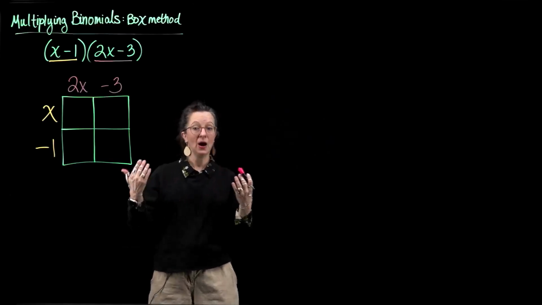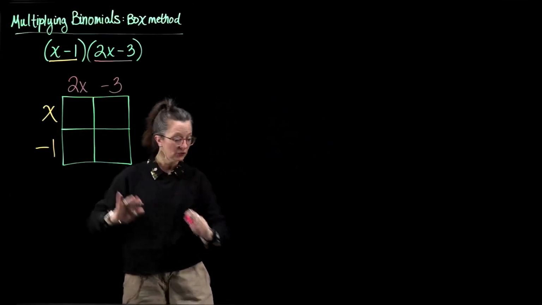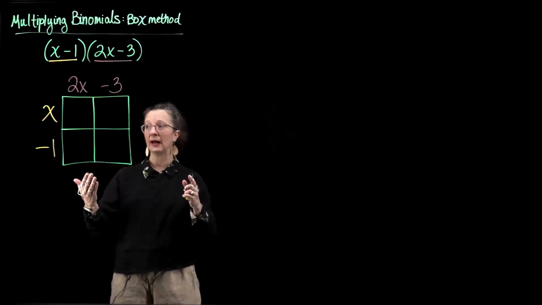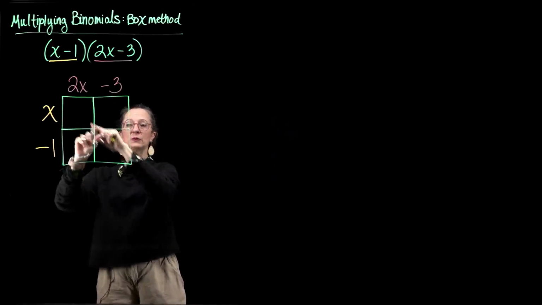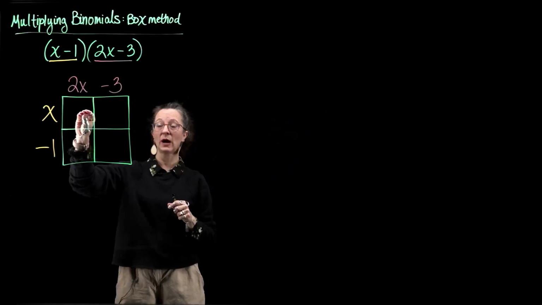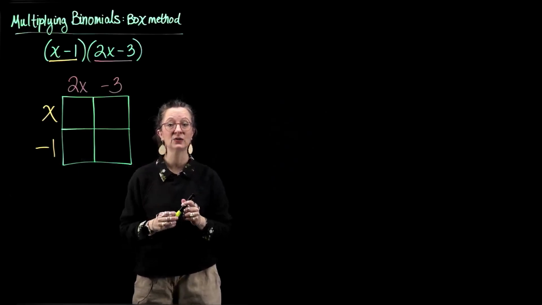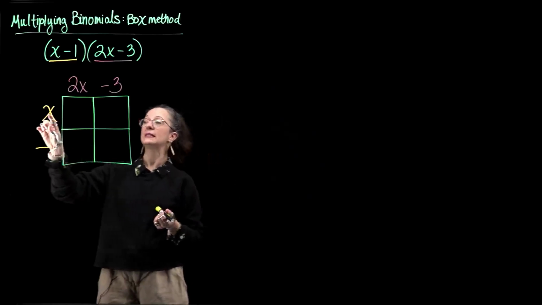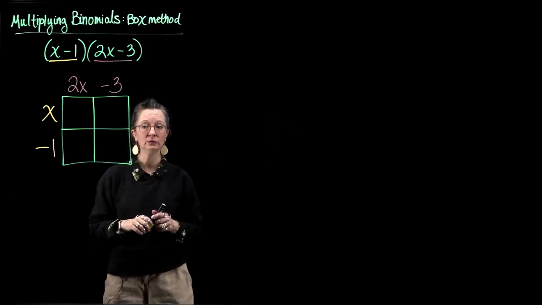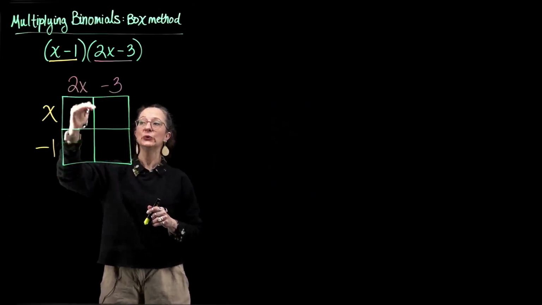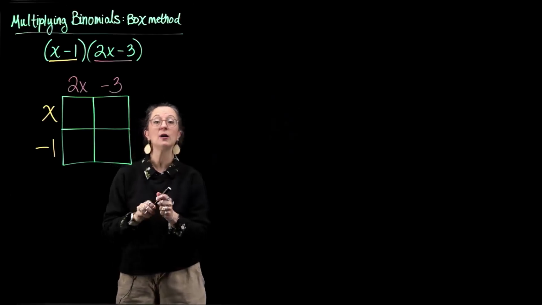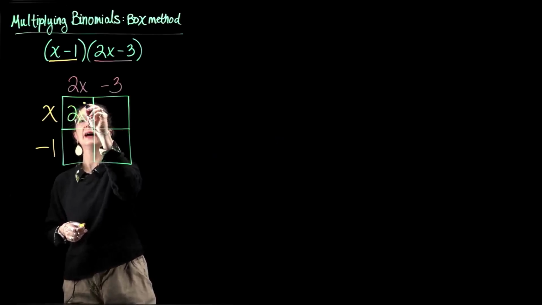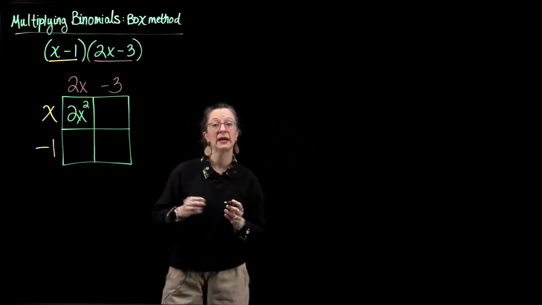All right, now what we want to do to fill this in is I'm going to multiply the things on the outside together and write their answer inside the square that they correspond to. So I'm going to take that x on the top row and the 2x in the first column. I'll multiply them together to get 2x squared, and I'm going to write that inside the top left square.